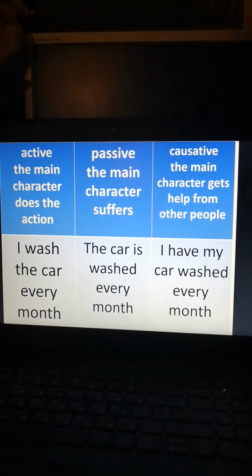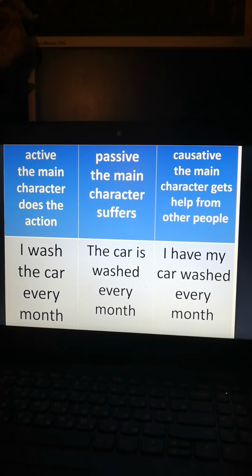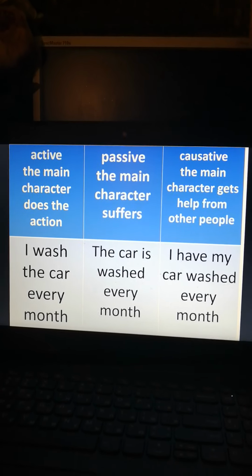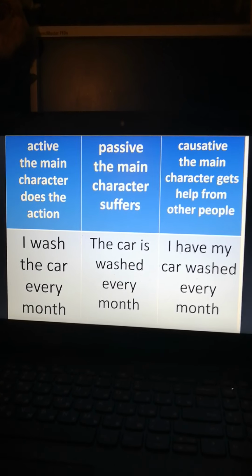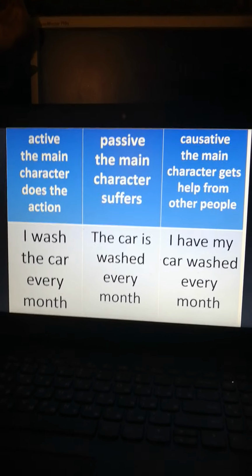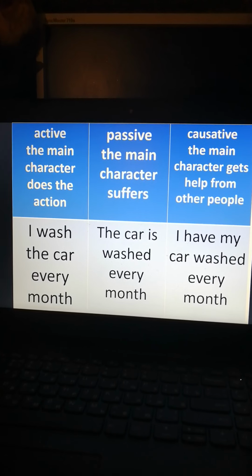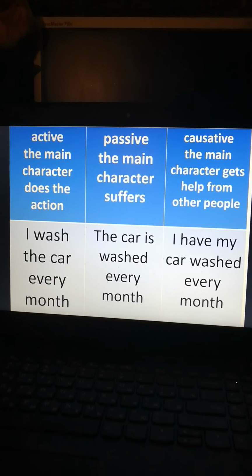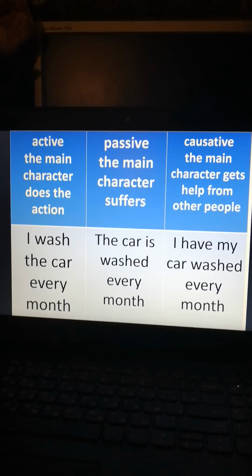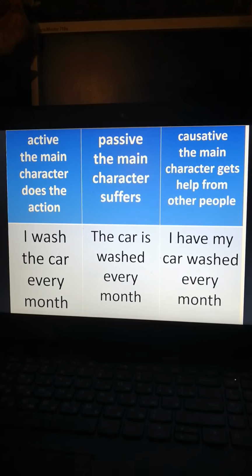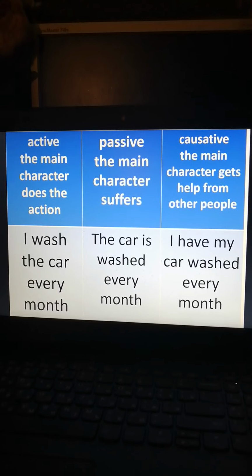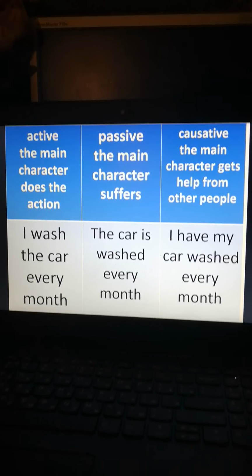There are active forms which show that the main character does the action. I wash the car every month. My mom cooks dinner. Passive forms show that the main character suffers. The car is washed, the dinner is cooked.